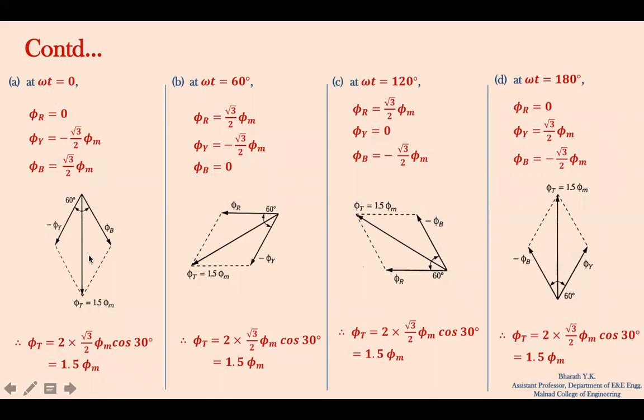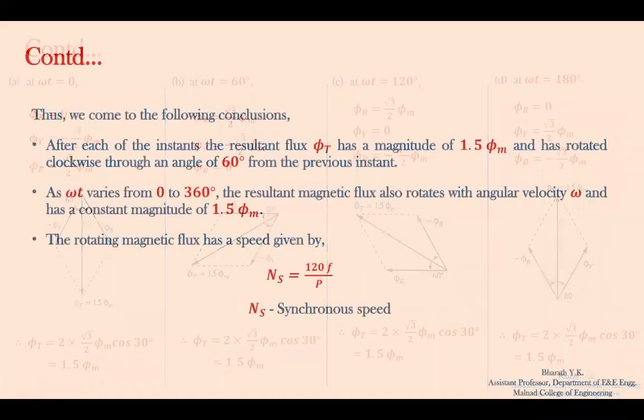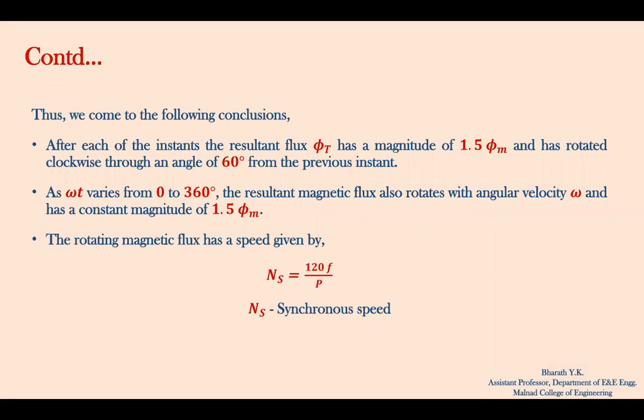Therefore, as omega t varies from 0 to 360 degrees, the resultant magnetic flux rotates with an angular velocity of omega and has a magnitude of 1.5 phi m. The rotating magnetic flux has a speed, also known as synchronous speed, given by ns equal to 120 f by p, where f is the frequency and p is the number of poles.